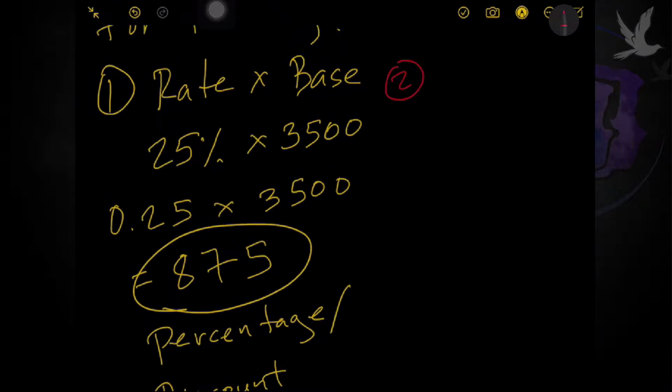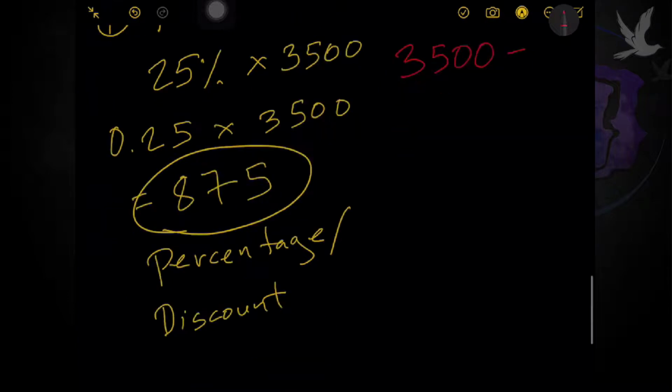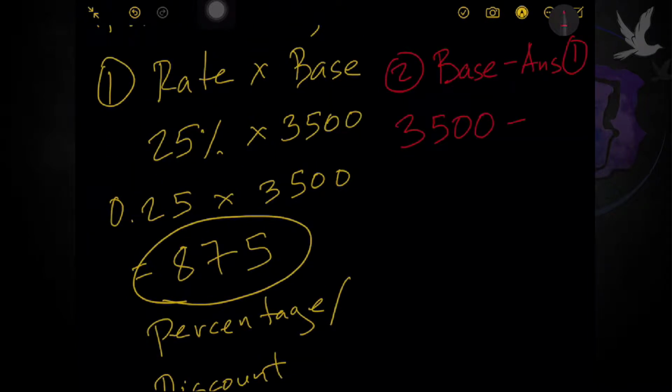So, for your step 2 naman, all you have to do here is to take the base and subtract your answer, number 1. Our base is 3,500 minus 875. Tama ba yung sinusulat ko?